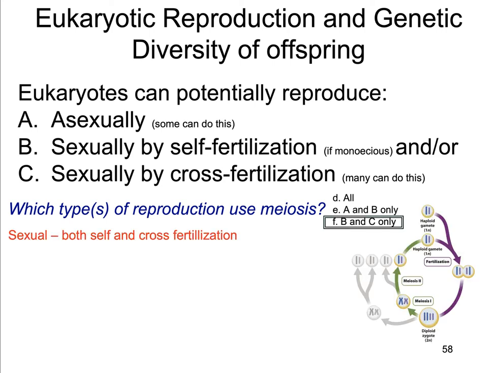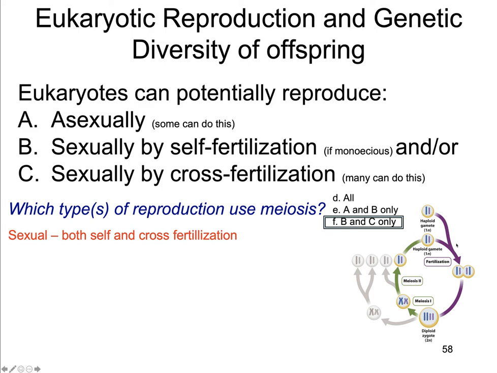All right, if you said F is the correct answer, only B and C, so only sexual by self-fertilization and sexual by cross-fertilization use meiosis, that would be correct. So anytime that you're having sex, you're going to have to do meiosis. Remember, this is a generalized figure representing how sex works. When you have fertilization occurring, whether it's self-fertilization or cross-fertilization, you have gametes coming together.